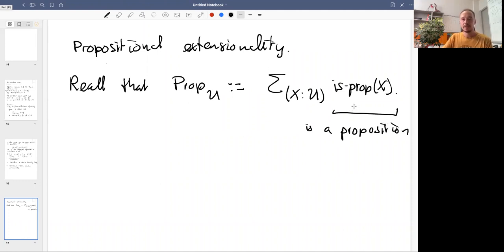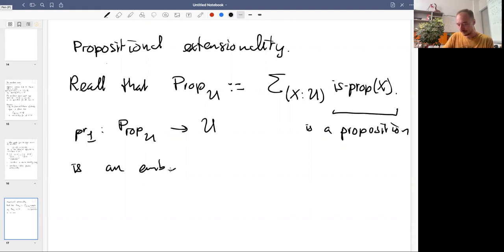What that implies is that if we look at the projection map pr1 from Prop in U down to U, so it's going to take a pair of a type X with a proof that it's a proposition and just return the type, that this is an embedding.